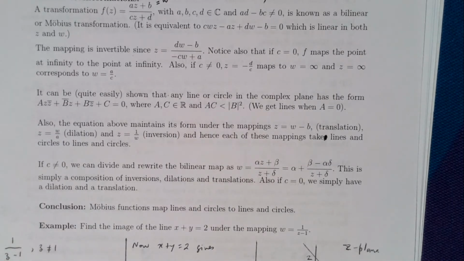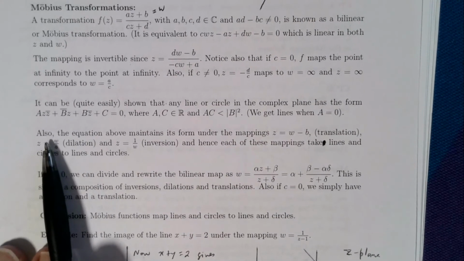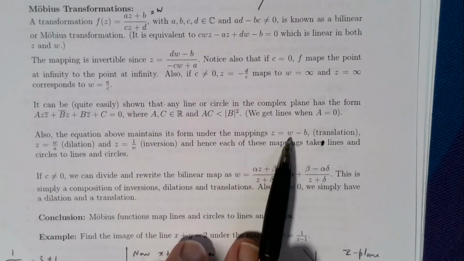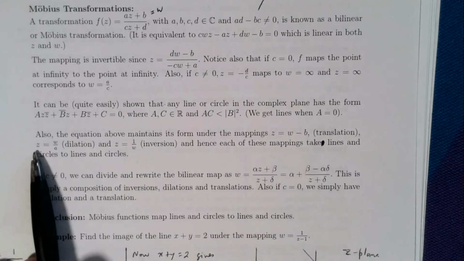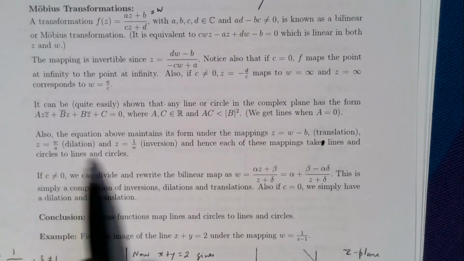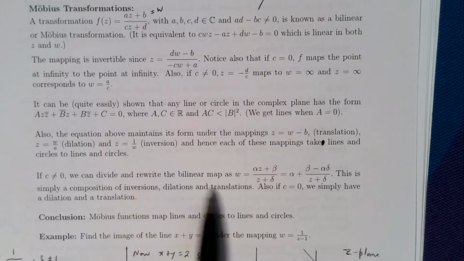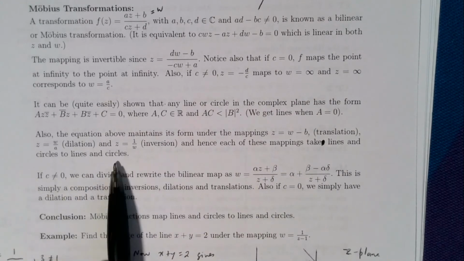And so also note that this equation above, our Möbius transformation, maintains its form under the mapping z equals w minus b, under translation. If you do a dilation, z equals w over a, or if you do z as 1 over w, that's an inversion, then the equation maintains the same shape, and hence all of these mappings take lines and circles to lines and circles.